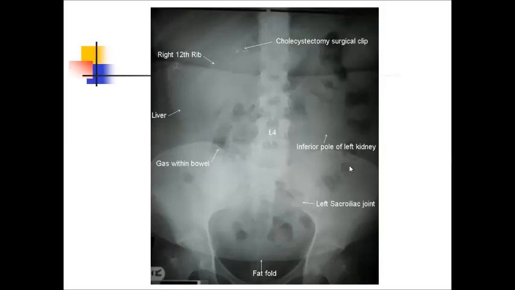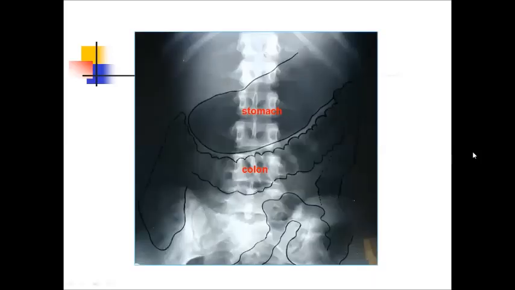Gas in bowel loops, gas in stomach also may be identified, but impression of uncertainty remains. We can't identify surely where is one or another structure.